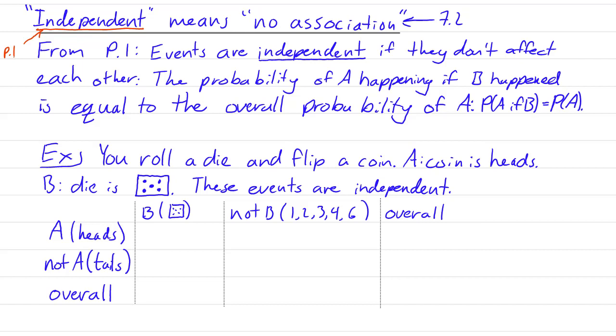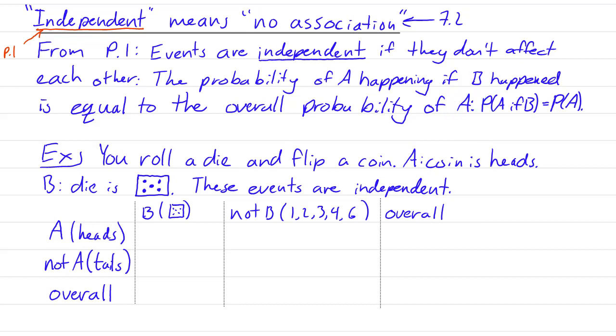So from section P.1, just a quick review of that here, we say two events are independent if they don't affect each other. So in other words, the probability of event A happening, if B already happened, is equal to the overall probability of A happening.